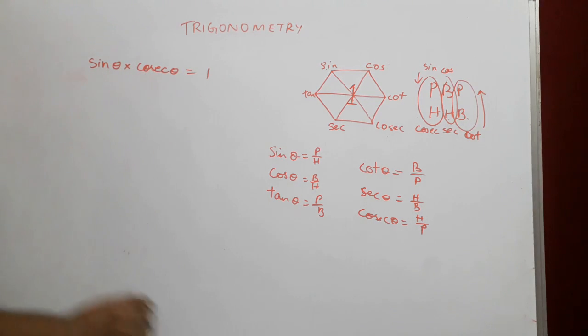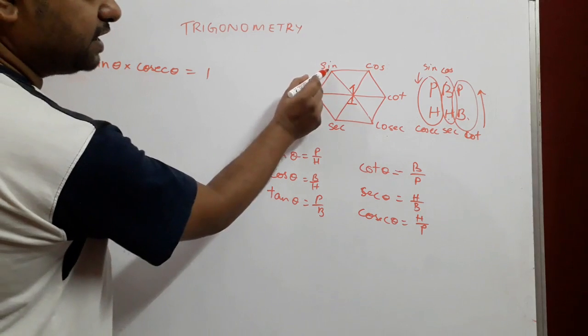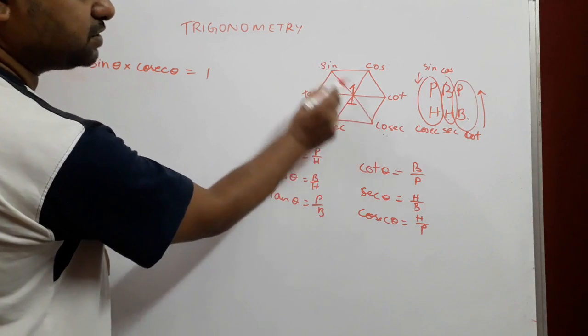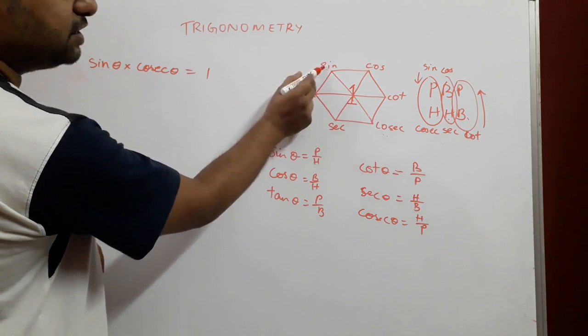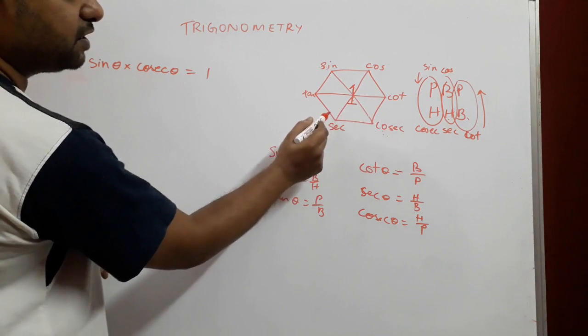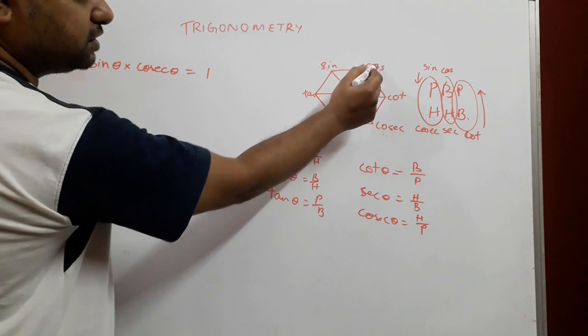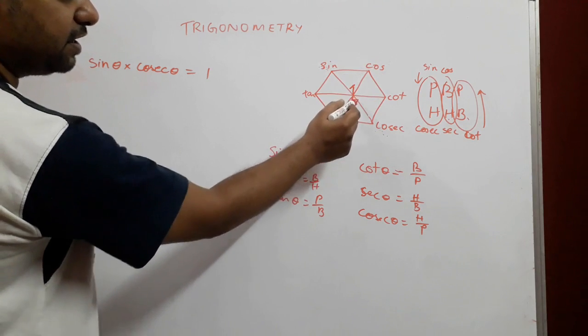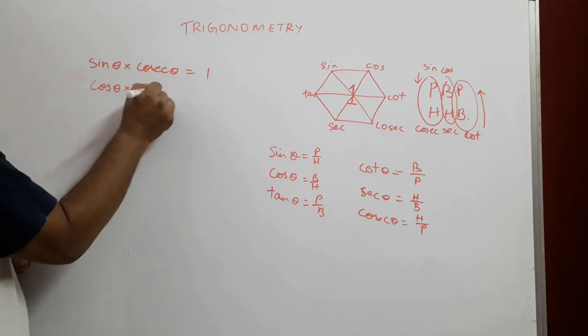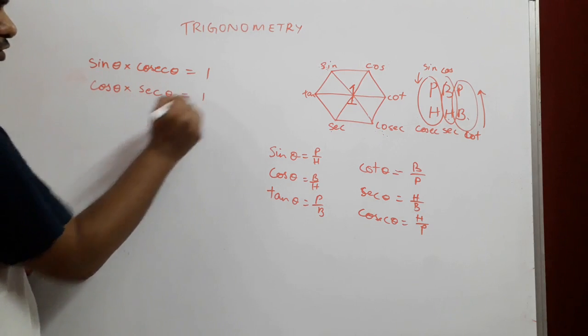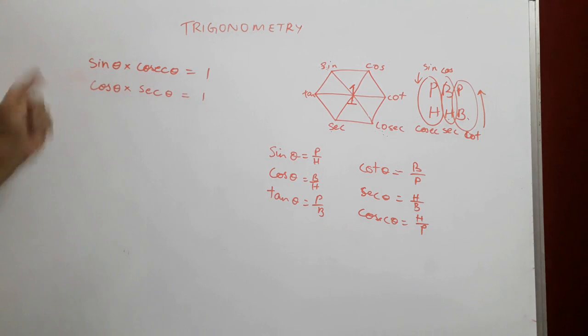Similarly, sine theta and cosec theta are opposites of each other, and when they are multiplied with each other they give us 1. Easy to find out on this particular figure. Similarly, if cos theta is multiplied with sec theta, it will give us 1. Remember, these are opposites of each other.